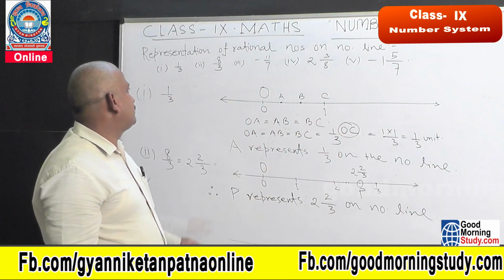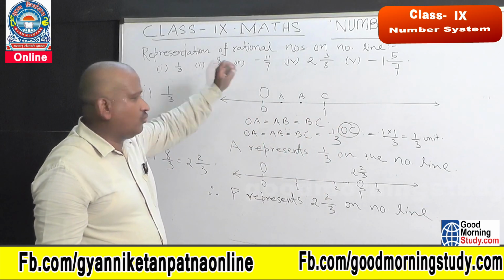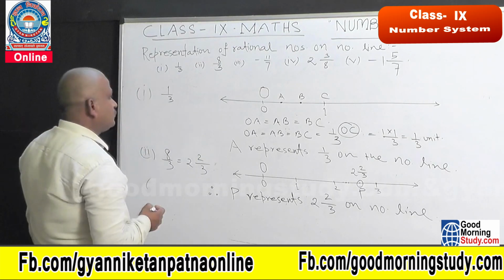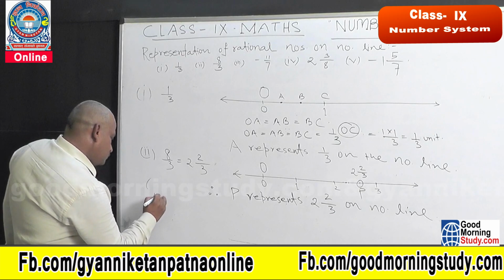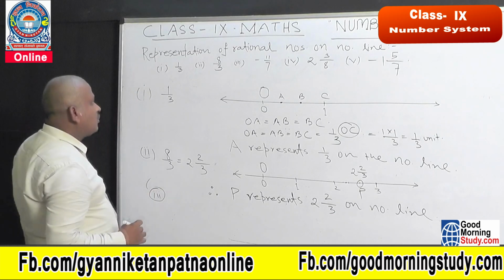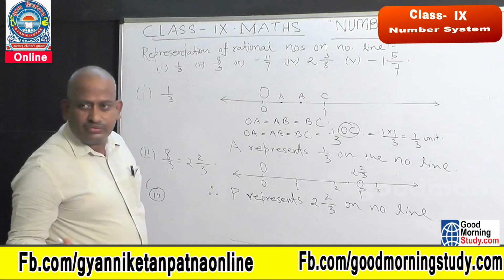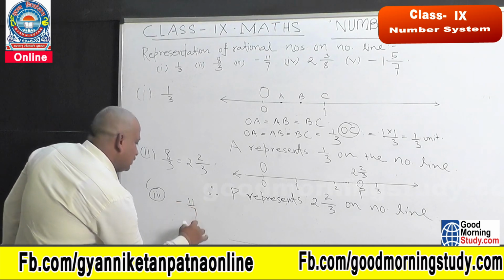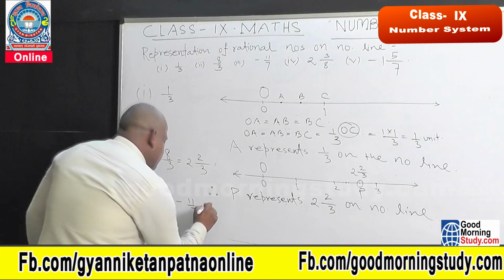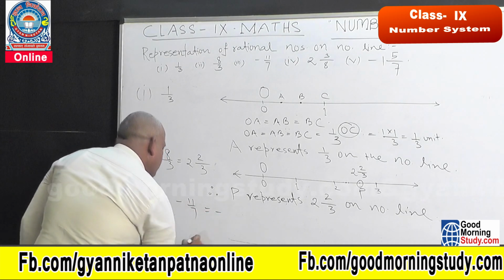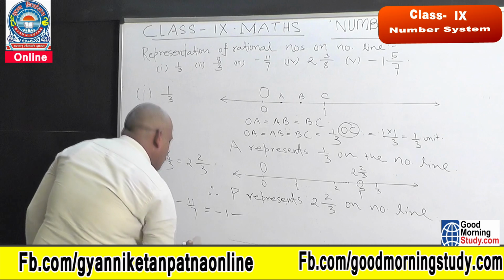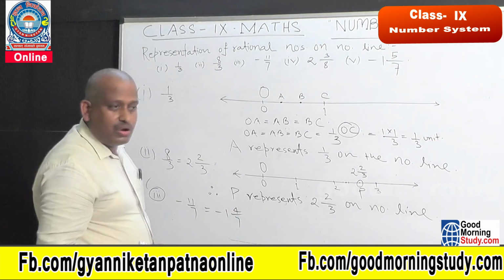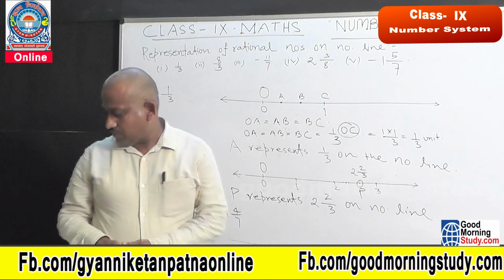After that, I have taken one more question, third, and this third is minus 11 by 7. Children, first of all, I am writing it like this, minus 1 whole 4 by 7.